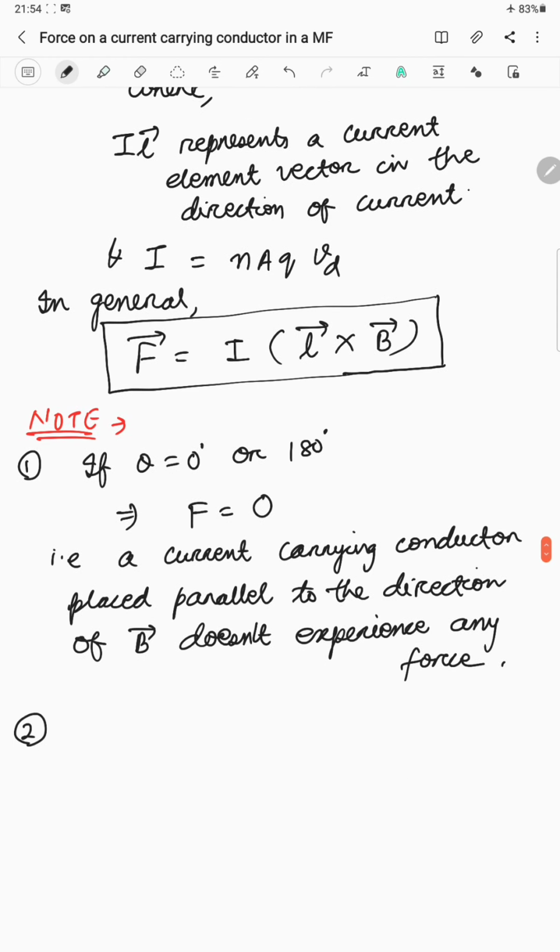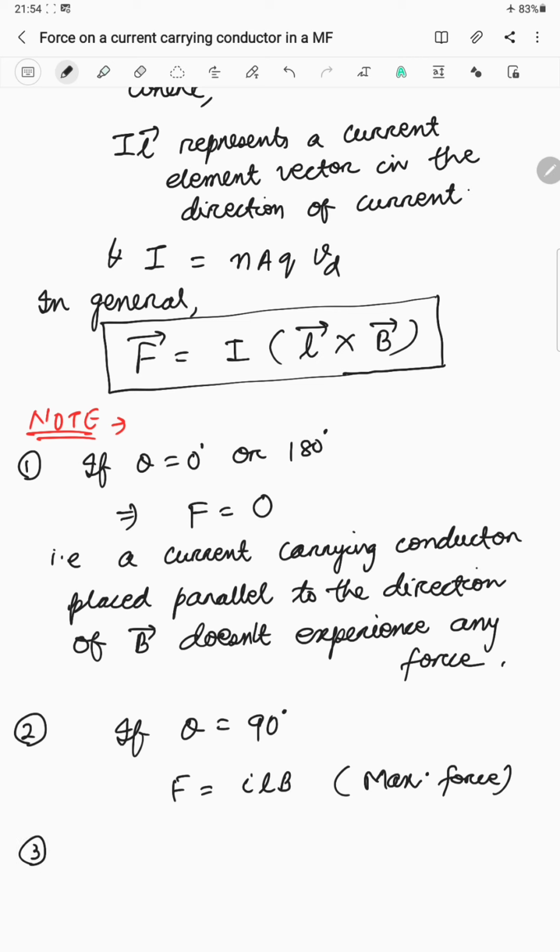Second, if theta is equal to 90 degree, that means the current carrying conductor is perpendicular to the magnetic field. At that point of time, F will be I L B, which is the maximum force. Whenever the conductor is perpendicular to the magnetic field, it experiences a maximum force. And the third thing is, how can we determine the direction? The direction of the force can be determined from two laws.